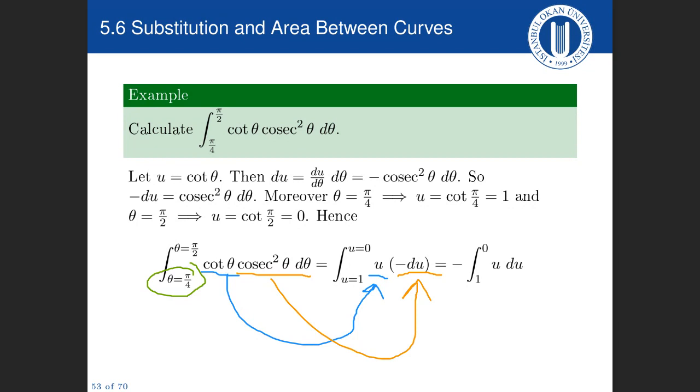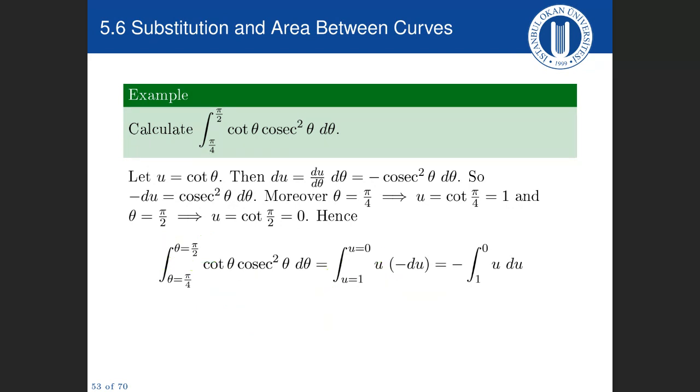Lower limit theta is equal to pi over 4 becomes u is equal to 1. And upper limit theta is pi over 2 becomes u is equal to 0. So all we need to do is to calculate the easy integral, minus the integral from 1 to 0 of u du. And I'll leave it for you to check that that is equal to a half.